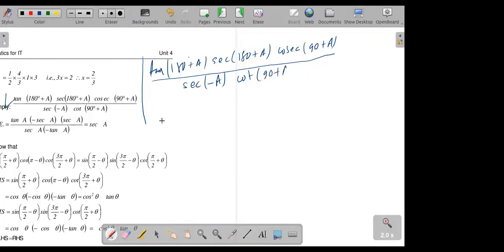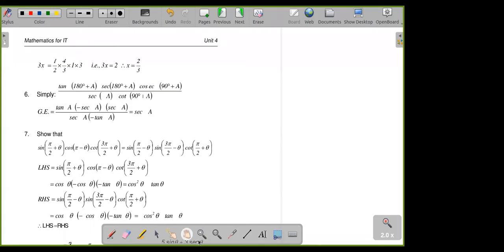So first, 180 plus a: in the third quadrant tan remains positive, and it will not change because 180 is an even multiple of 90. So tan, and in the third quadrant tan.